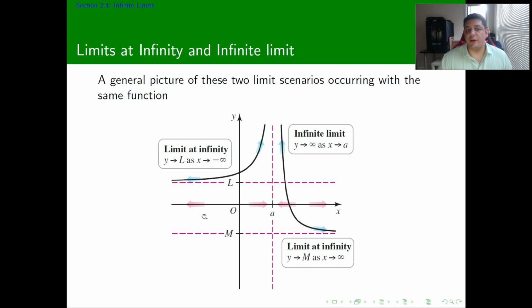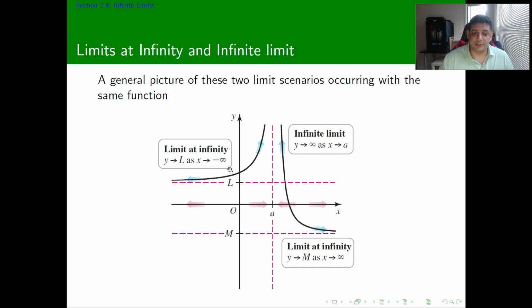Just to show you another example of these two scenarios occurring with the same function, notice this function here. If we think about the infinite limit, we're going to see that when x goes to a, when we're approaching a from the right side and from the left side, the function is approaching infinity. So I can say that y approaches infinity when x goes to a.